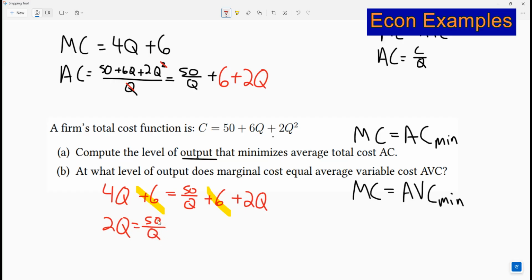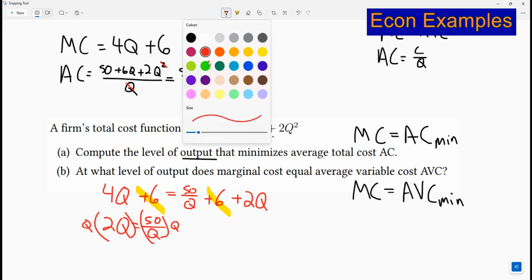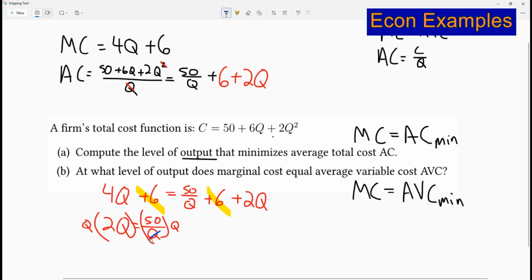What I would do is multiply both sides by q, which makes that q go away. This is 50, and then 2q squared. Then divide both sides by 2. q squared equals 25.